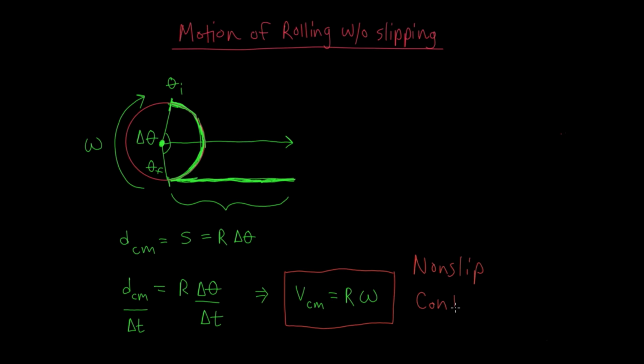Meaning, if we want an object to roll without slipping, this is the condition that has to be satisfied. So if we want an object to roll without slipping, that means that the velocity of the center of mass has to equal the radius of the object times its angular velocity.